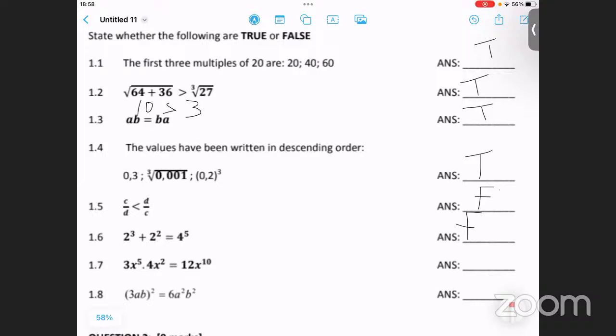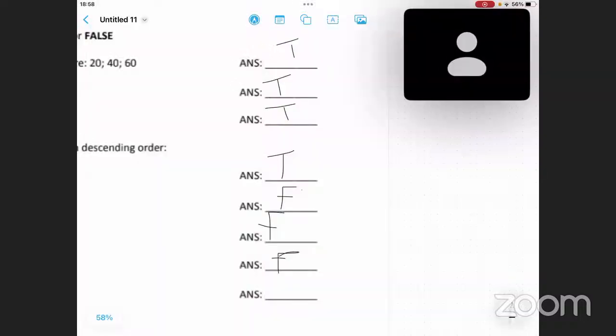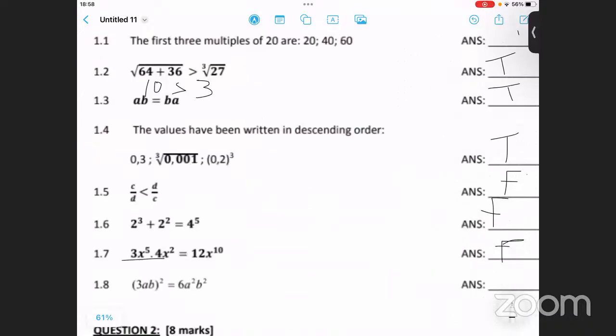Oh, it's false. Now what's going to be the correct answer for this one? You're saying this one is false? Ma'am, it would be 12x to the power of 7.